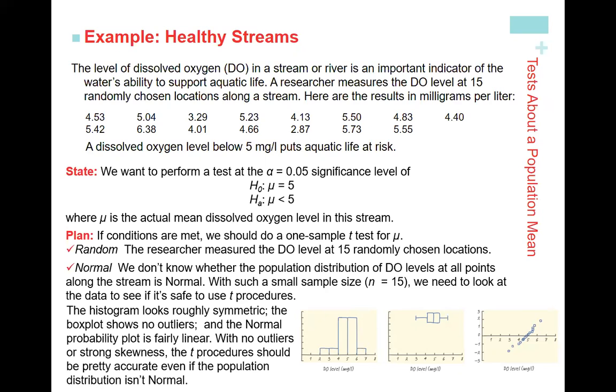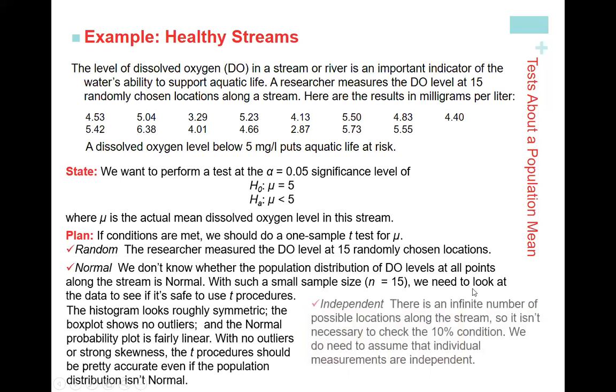Or we could say that each of these samples of water in the river are independent. So I'll leave that up there for just a moment. It's going away in about 30 seconds.